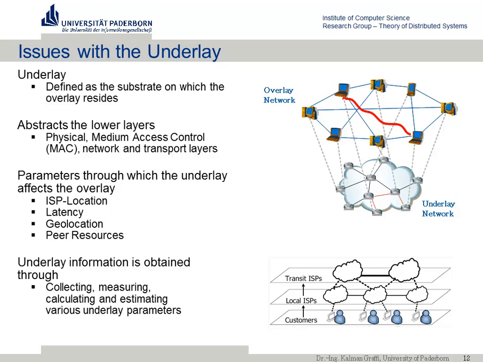If you are a typical customer in a peer-to-peer network, you are connected to your local ISP, for example Vodafone or whatever. And then you have these international transit ISPs. One point is that peer-to-peer applications were generating a very large amount of traffic, up to 60-80% of the internet.